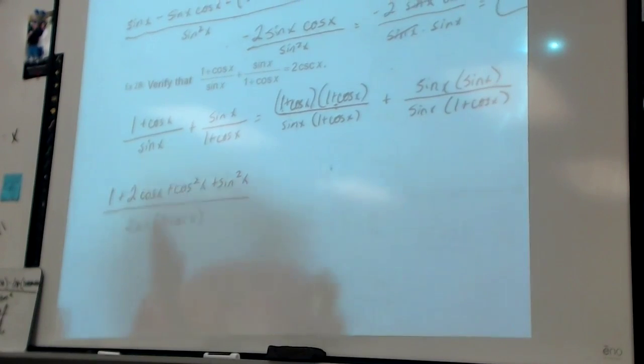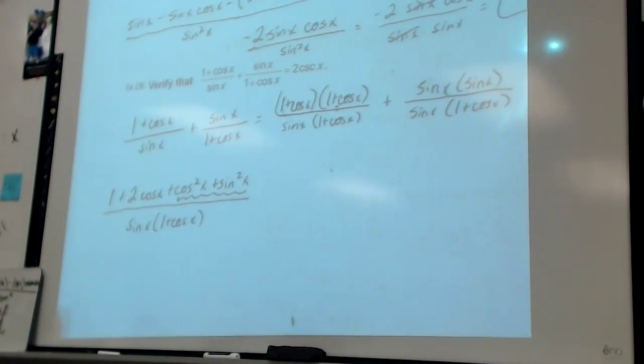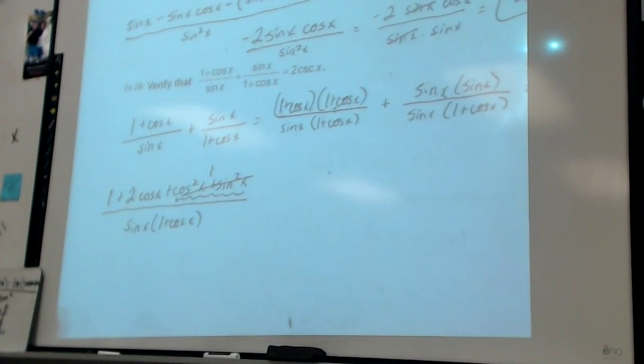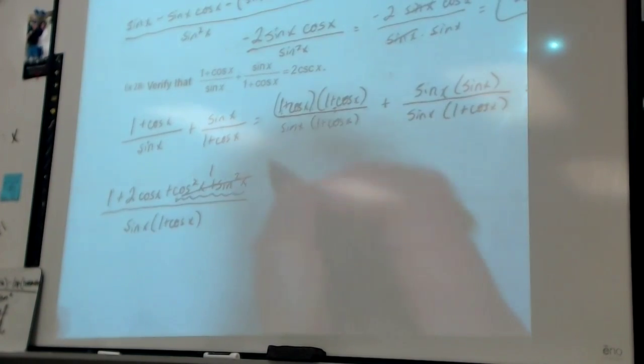So this little thing right here can be simplified to just 1. Now I can combine 1 plus 1, which is 2, plus 2 cosine x over sine x times 1 plus cosine x.